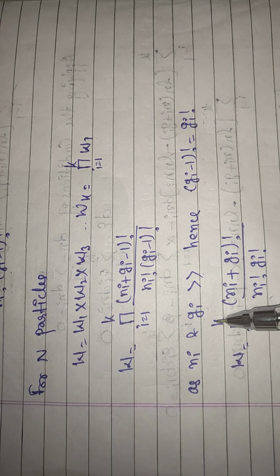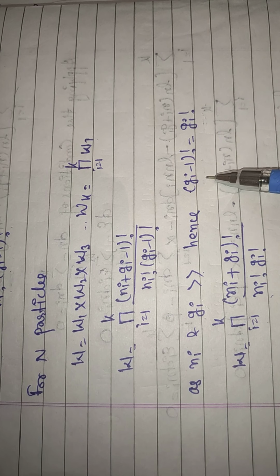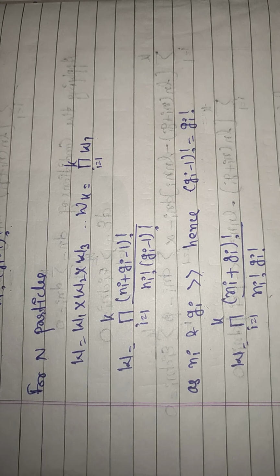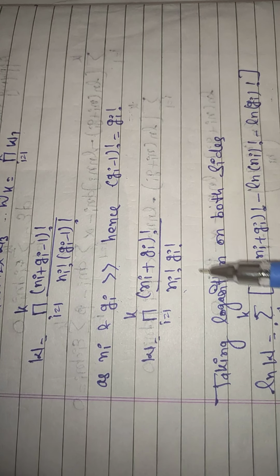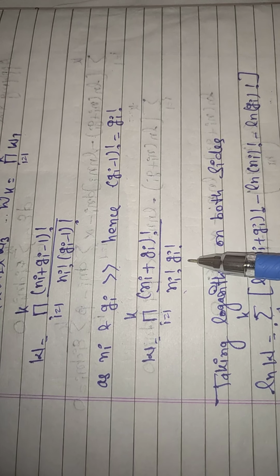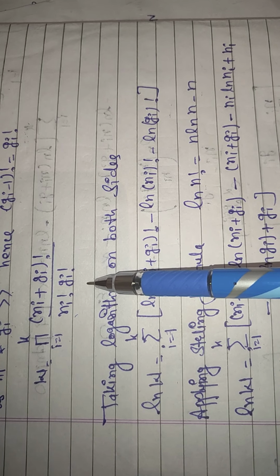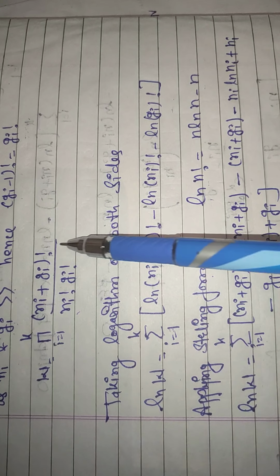As ni and gi are very, very large, gi minus 1 factorial can be considered as gi factorial. So the thermodynamical probability W will be ni plus gi factorial divided by ni factorial into gi factorial. Next, we simply take the logarithm of this term W, the thermodynamical probability.